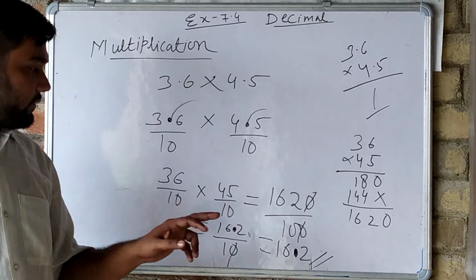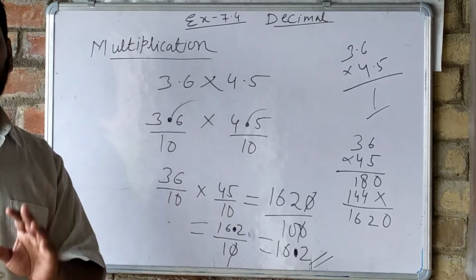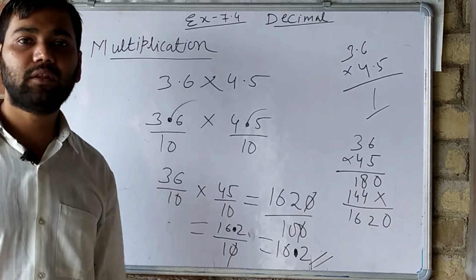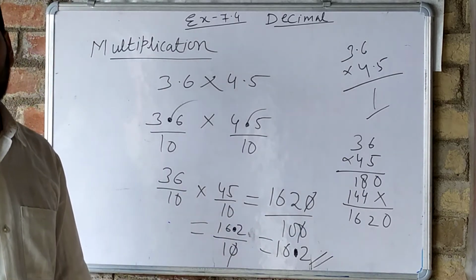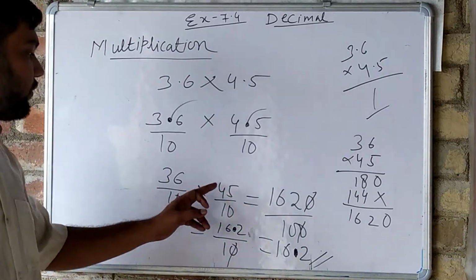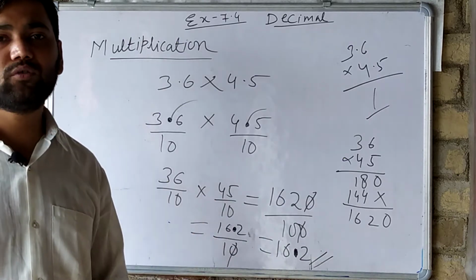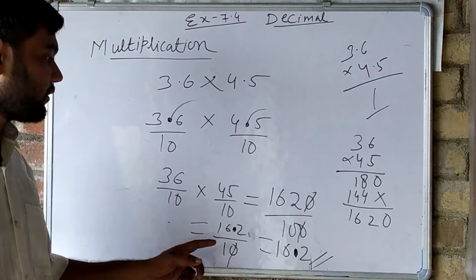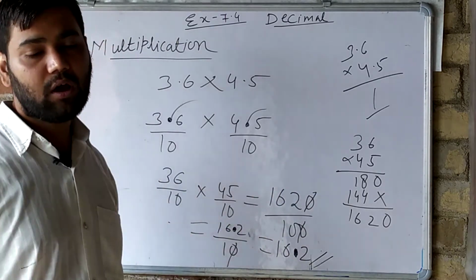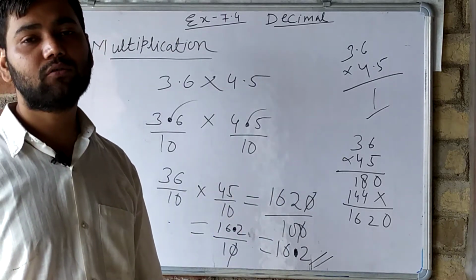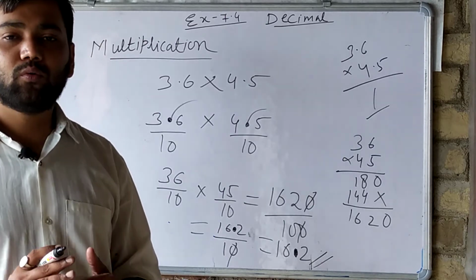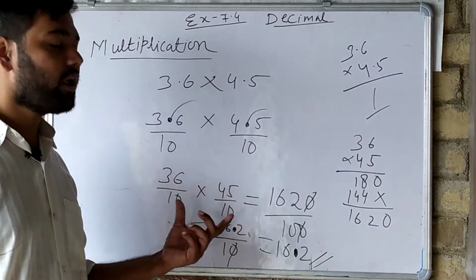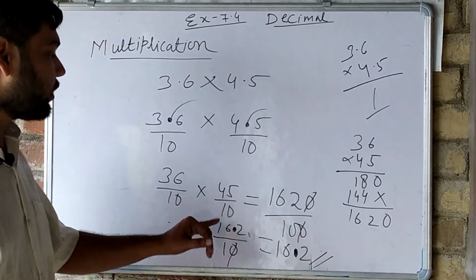Now see here, 45 and 10 can be reduced. We can reduce it. Why? Because both come in the table of 5. Both are divisible by 5. But if we reduce it, it will become tough for us, because after multiplication we have to divide also. So to make it easier, we do not have to divide or reduce.